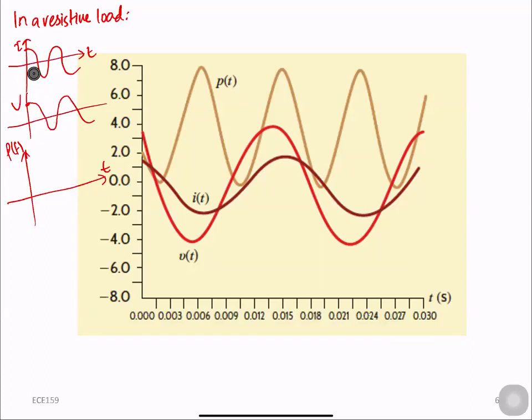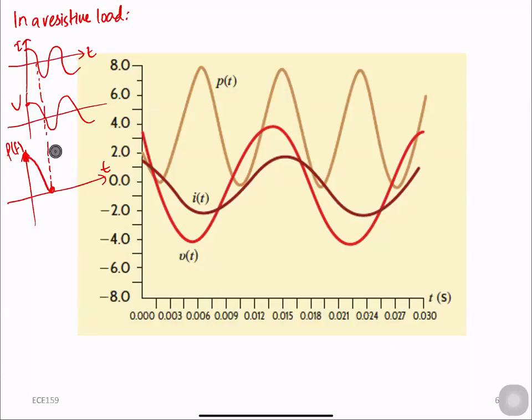So multiplying these two, voltage and current, because we need to calculate power, will increase the magnitude here, right? So it is going to be V times I. So this is going to be positive. At this particular point, since both are 0, this is going to go to 0.